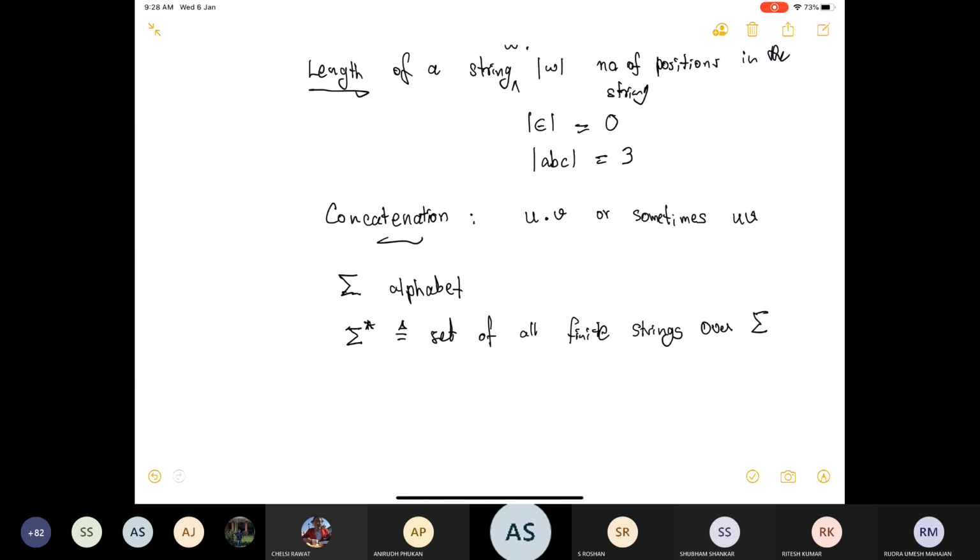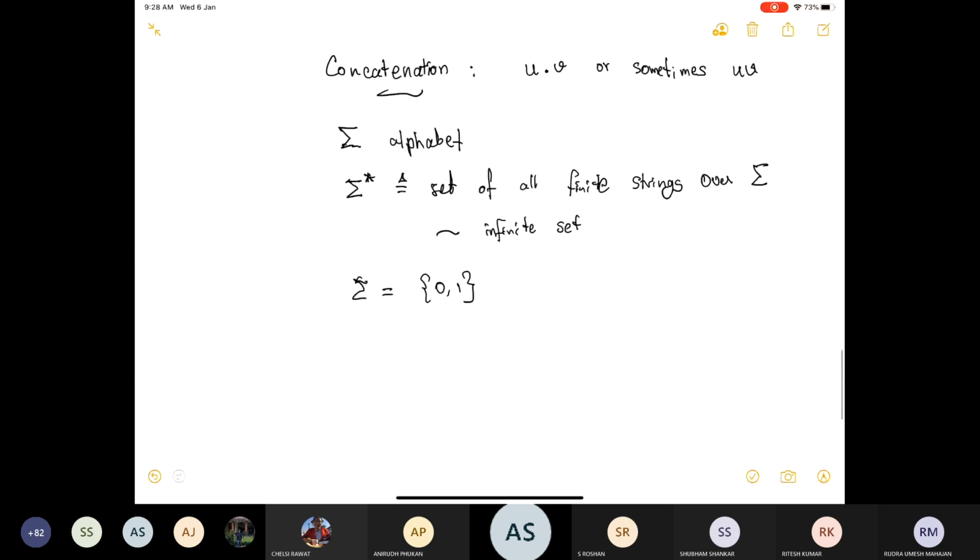Notice that this is an infinite set. For example, if sigma is the binary alphabet, then sigma star has the empty string, all strings of length 1, strings of length 2, and so on.